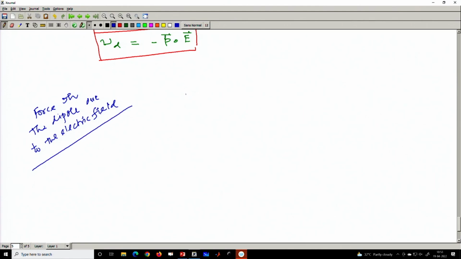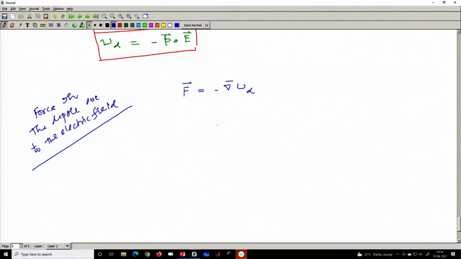Now I know the energy, so the force should be simply minus the gradient of this potential energy.